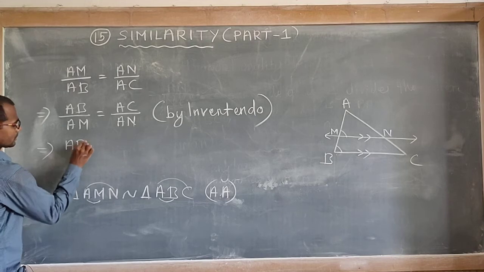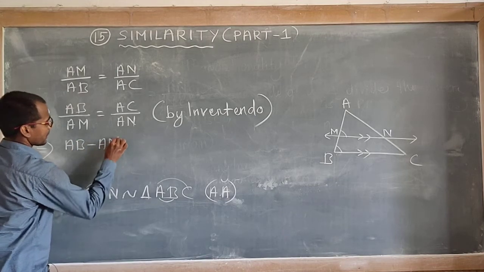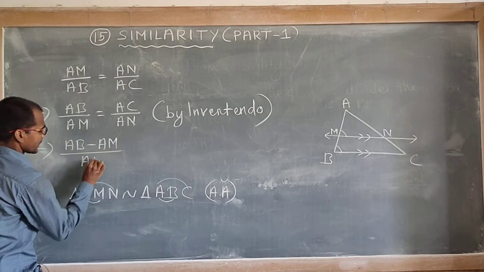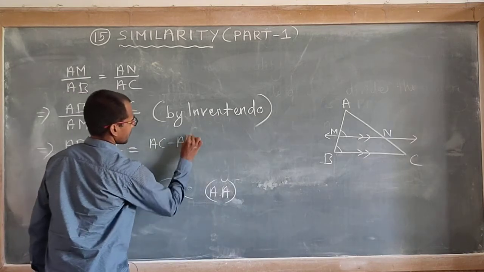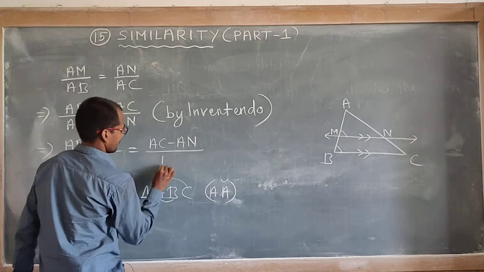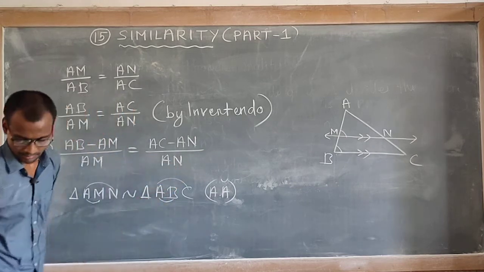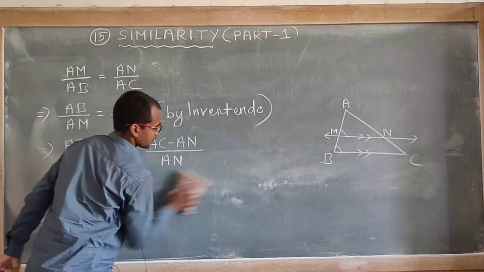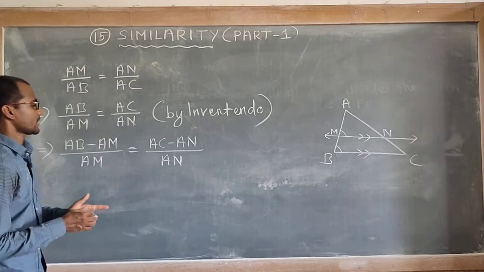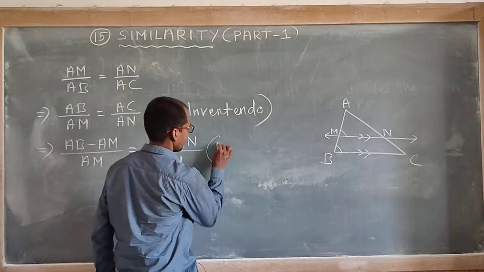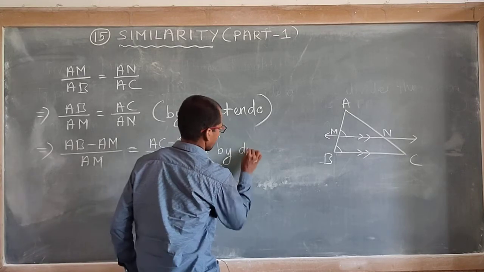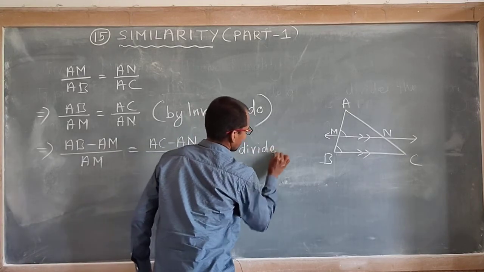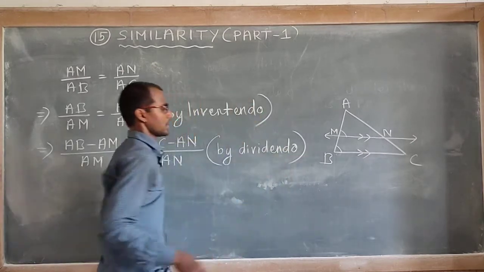Next, AB minus AM by AM is equal to AC minus AN by AN. Now this is by dividendo.